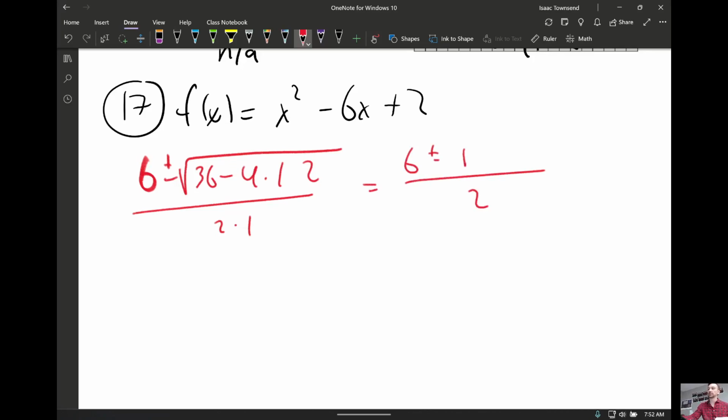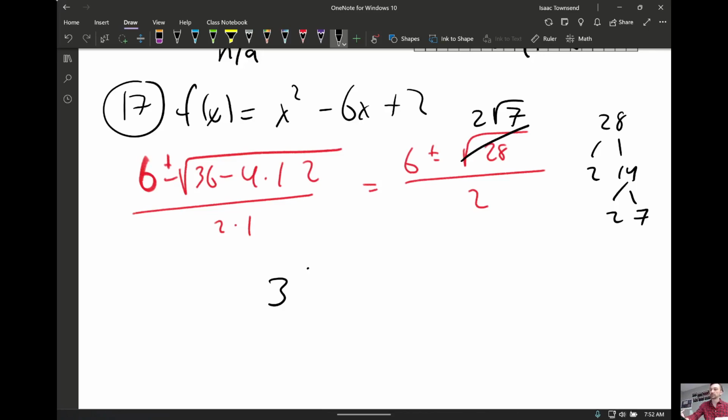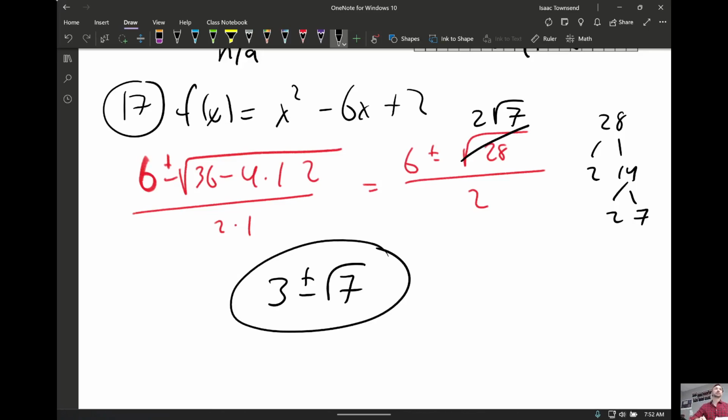This is called the discriminant. 36 minus 8 would be 28. 28 should break down into 2 square root of 7. And then because every term is divisible by 2, looks like that should be your x-intercepts.